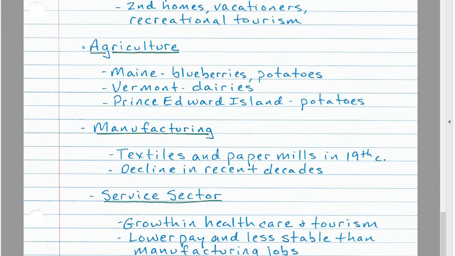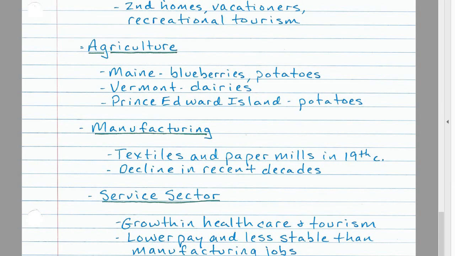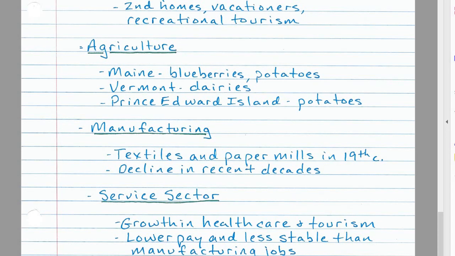And so, of course, we've mentioned tourism already, but healthcare, of course, when you have an aging population, you have need for healthcare. The trouble with particularly tourism jobs, but also healthcare in the sense of the home health aide sort of industry, is that these jobs tend to be lower paying and less stable than the old jobs in, say, mining or textile mills, paper mills, fishing, logging, those kinds of things.